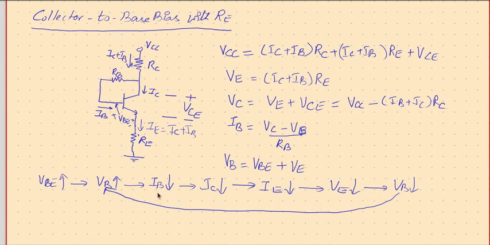Now that is taken care of by this chain of actions, and hence the IC value gets back to its original place because the VB change is counteracted, and because of which the IB change is no more there. No change in IB means no change in IC. No change in IC means no change in VCE. No change in VCE means the operating point is back to its original place.